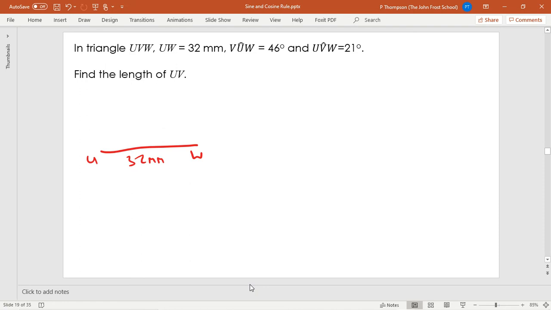All right, so if I draw V, say by here, this angle here is 46 degrees. And then the other angle from U to V to W is 21 degrees.